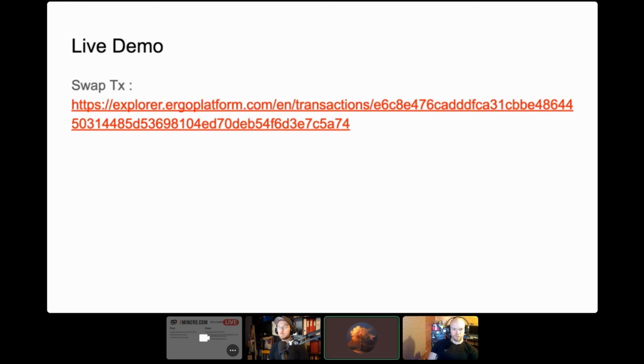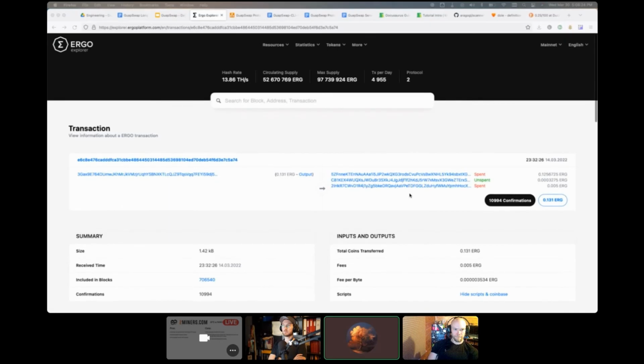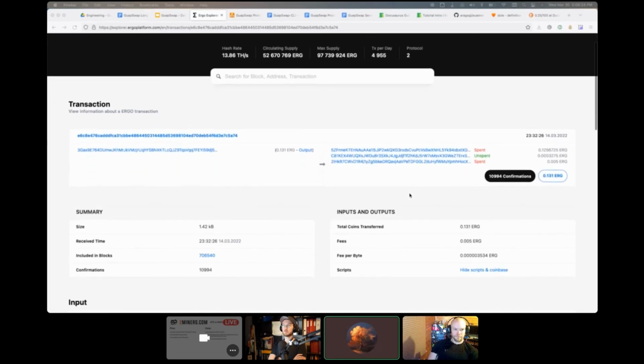And now we'll just show you a live demo, a transaction, what it would look like if you were to use GuapSwap. So as you can see here on the Ergo Explorer, the first input on the left is the proxy contract address, and 0.131 erg was sent to it, and then the user performed a swap. The first output was the Ergodex swap cell like contract box.